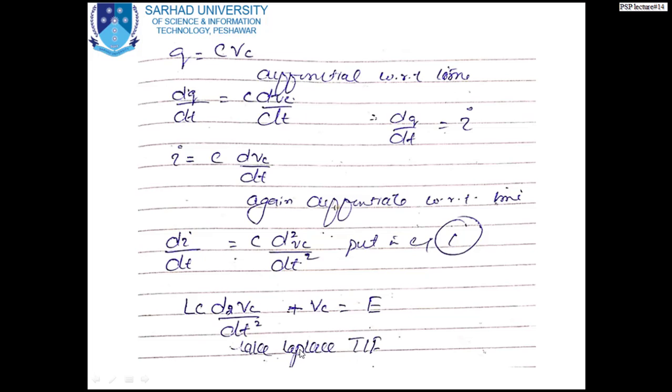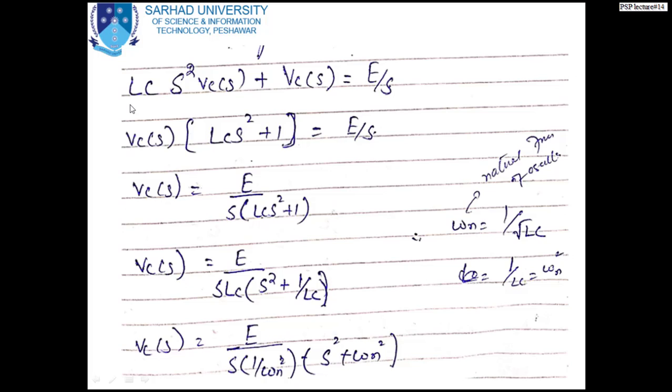You will get the solution in a few steps, and it will be the equation of VC with time. VC, that is the voltage across the capacitance, as I have explained, is actually the voltage across the contact of the circuit breaker. Okay.